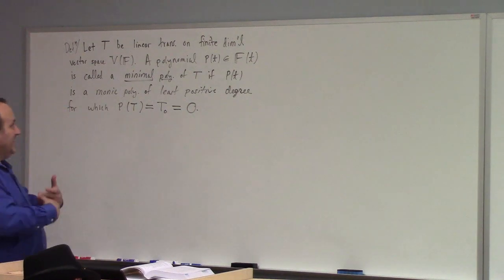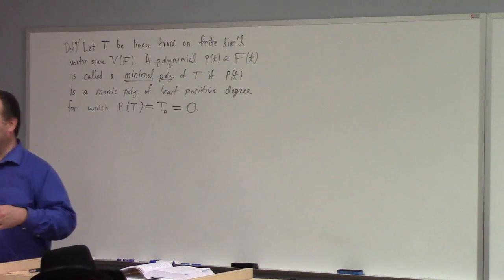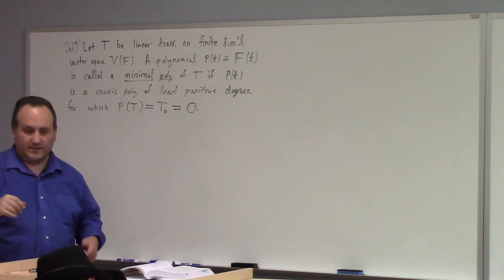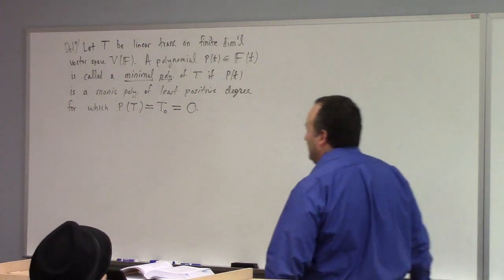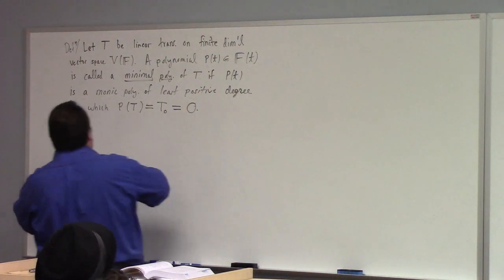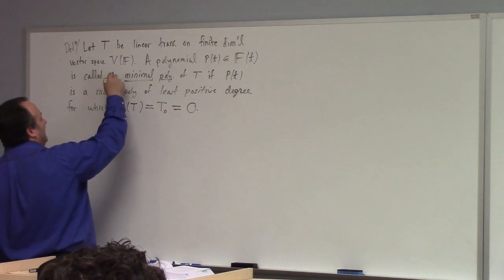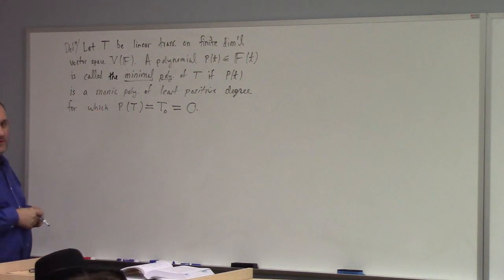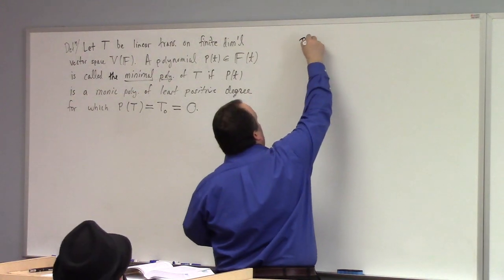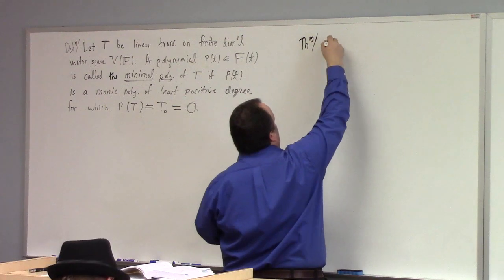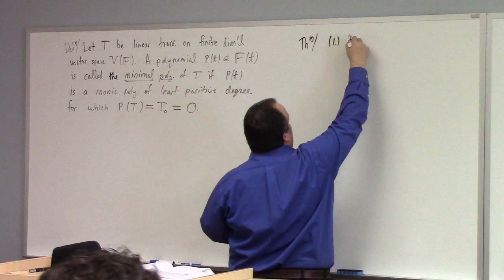So right away, part of the language in this definition is unnecessary, because you don't need to talk about a minimal polynomial. You could erase this and just put a "the" right here, because it's unique, okay? The minimal polynomial. And here's the major theorem about it that comes right next in the book: number 1, it's unique, okay?